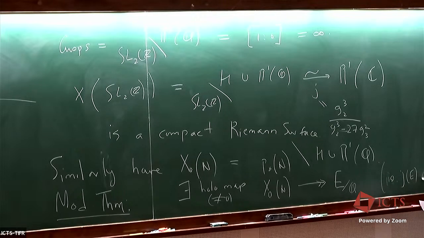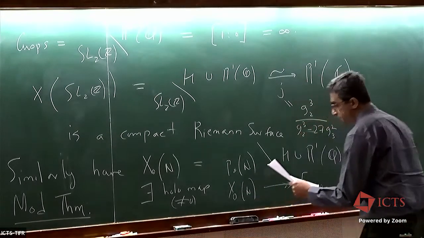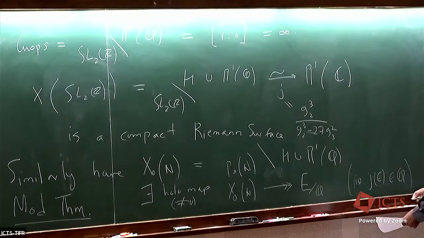j(E) belongs to Q. j(E) is some j(tau) or something like that. Right, so you have an elliptic curve over Q, but you think of it as an elliptic curve over the complex numbers. And then there's a non-zero holomorphic map of compact Riemann surfaces.